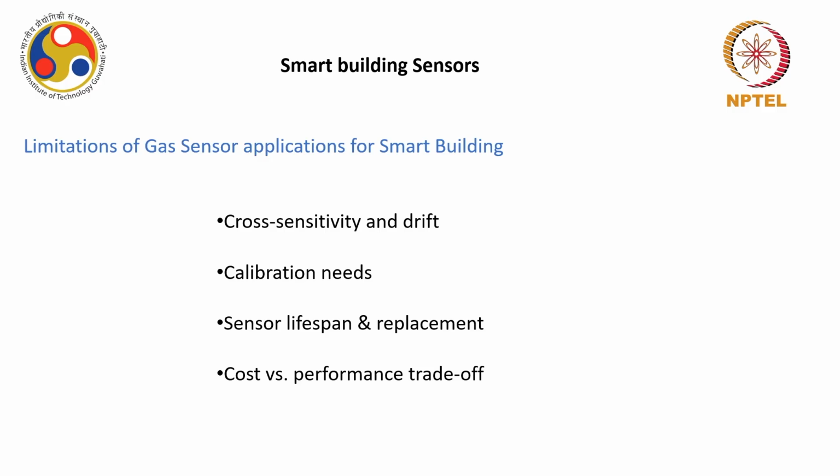We have also seen in module 5 that they can have cross sensitivity and drift, particularly if they are low cost semiconducting sensors. They require calibrations frequently. The sensor's lifespan and shelf life also is not very high and require frequent replacement. Of course, for optical sensors there are certain assumptions.